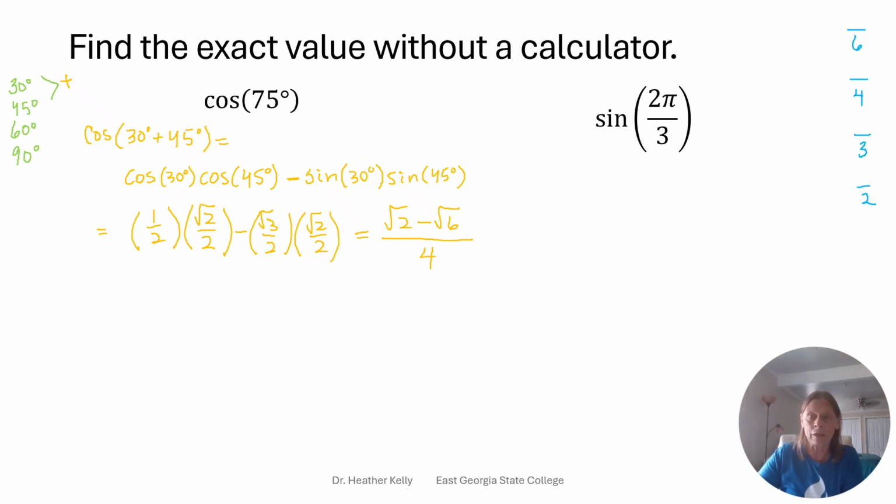So that means that we could be working with 6 and 3, or we could be working with 6 and 2. Okay, but we wouldn't be working with 3 and 2 or 3 and 4 because we wouldn't be able to get a common denominator that would give us that value. So that's just kind of a good place to start.